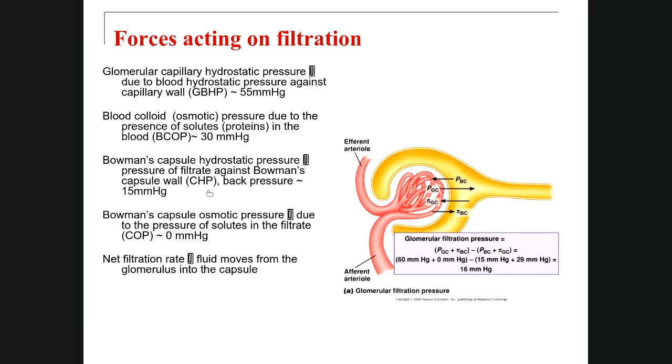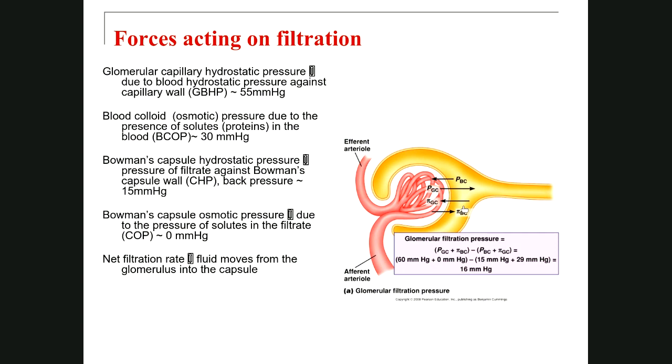And the last pressure, which is zero in our nephron and in our kidney, is called Bowman's capsule osmotic pressure, because in the Bowman's capsule we don't have any protein to make pressure and bring the water near themselves.